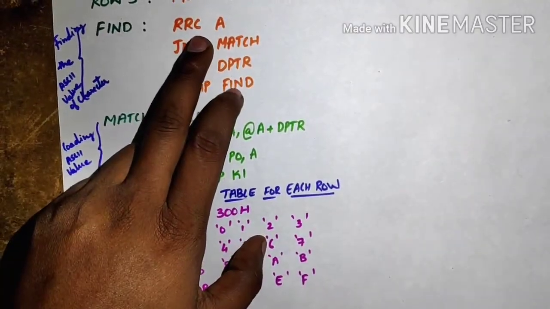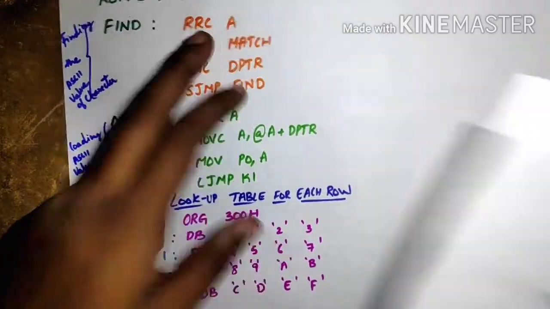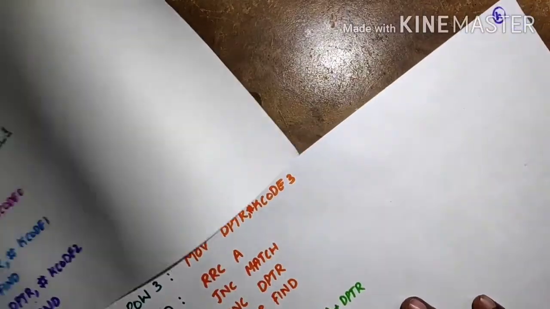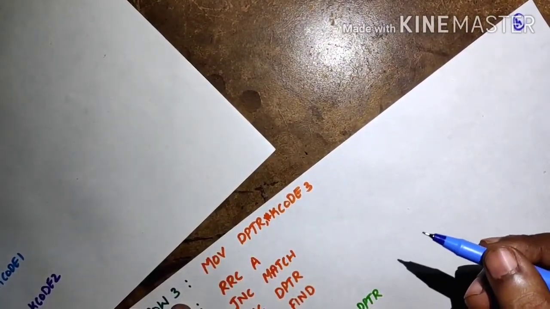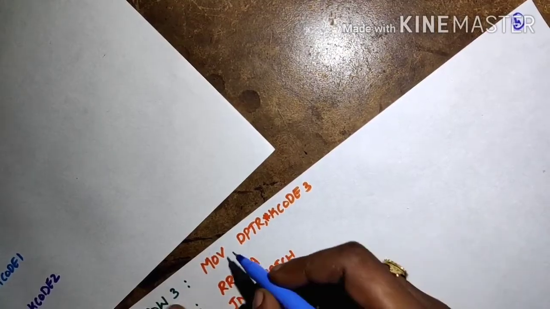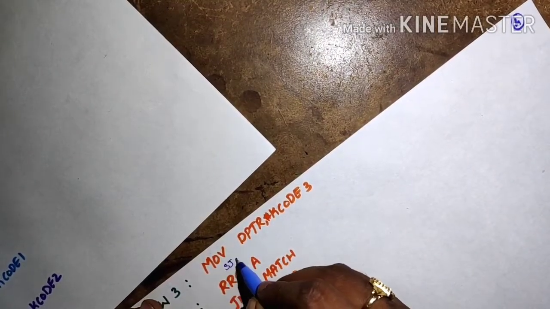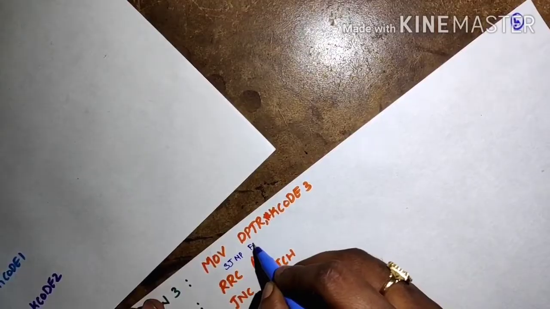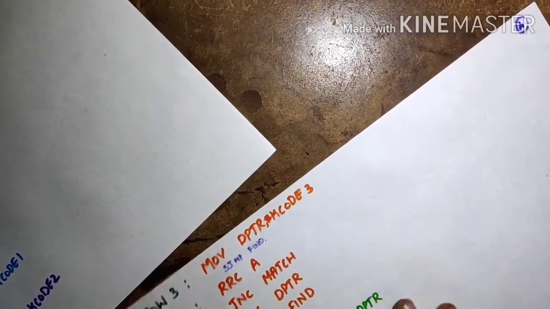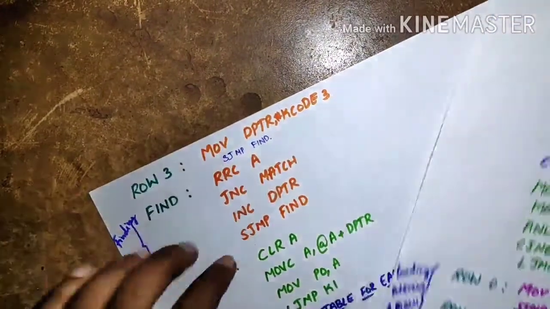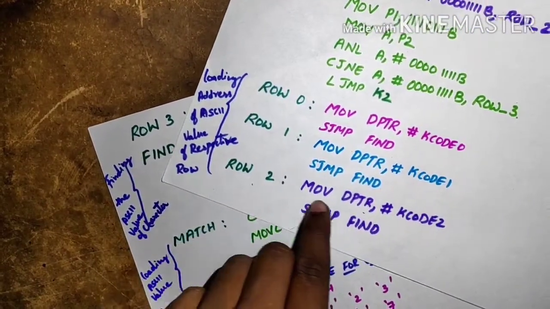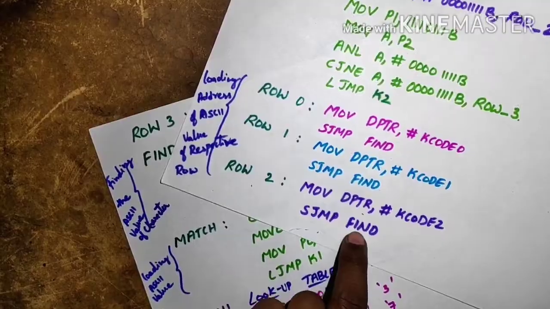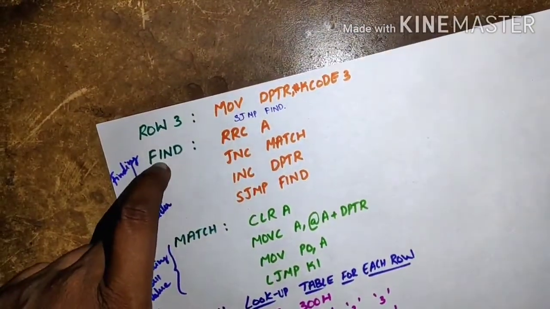I missed one thing here: jump find. From here to here, after moving the row 2 value, we come to this subroutine.